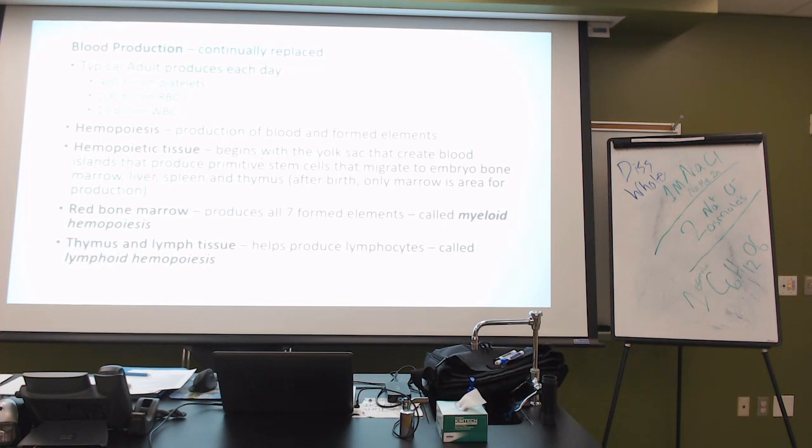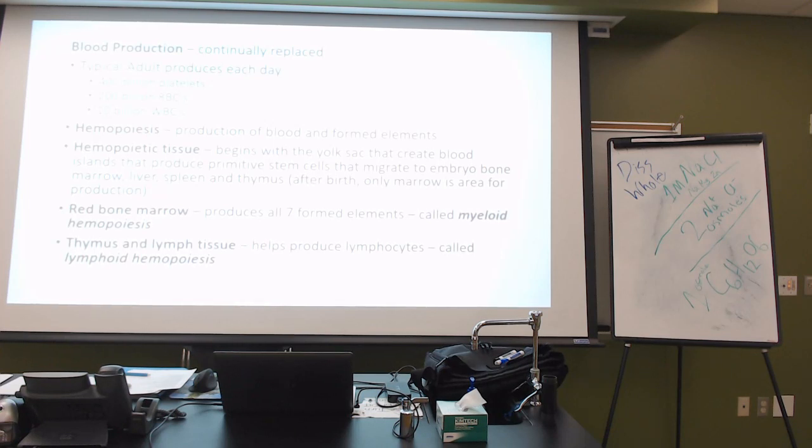The typical adult produces about 400 billion platelets per day, 200 billion RBCs, and 10 million WBCs. Now, don't get me wrong, I'd like that amount in money, but hey, I'll take it in the red blood cells, because the red blood cells are what they do. White blood cells, all of it.